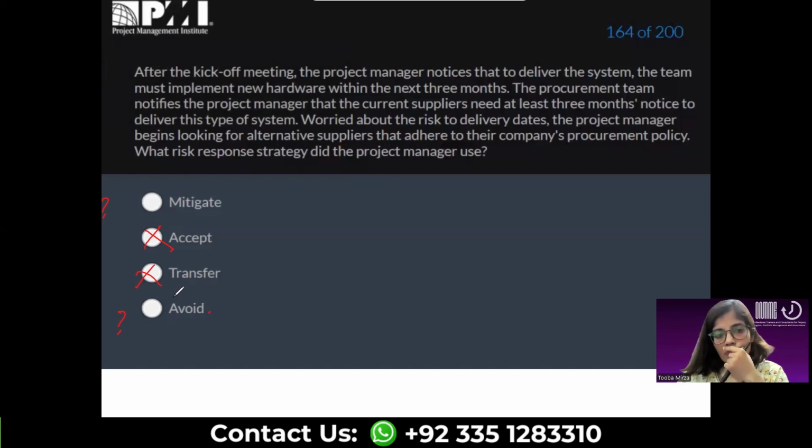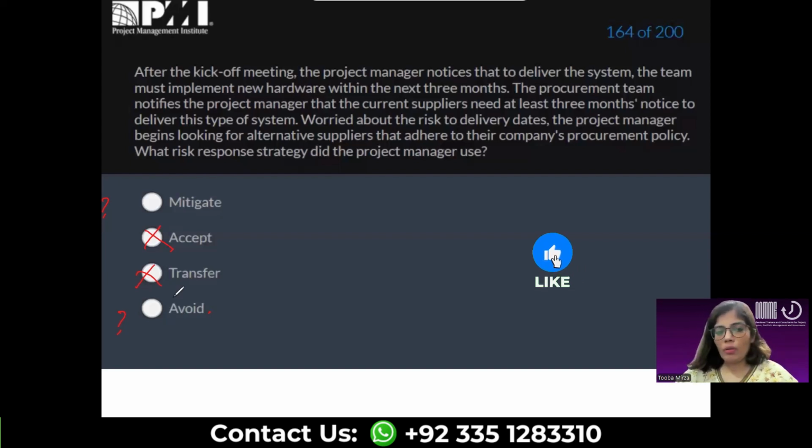That means the existing suppliers don't have the ability to provide the required hardware. So the project manager, in order to avoid the risk of going beyond the scheduled time, is looking for an alternative option. So he's kind of avoiding this risk.